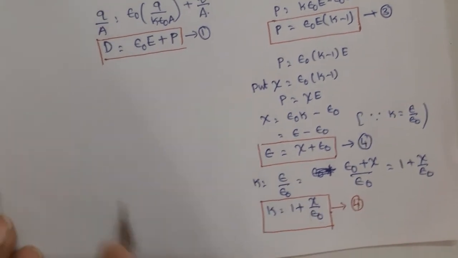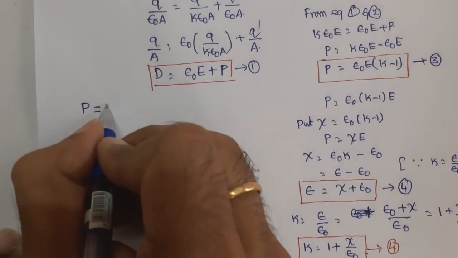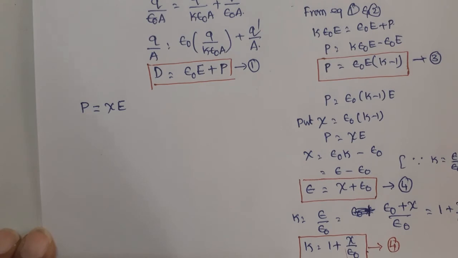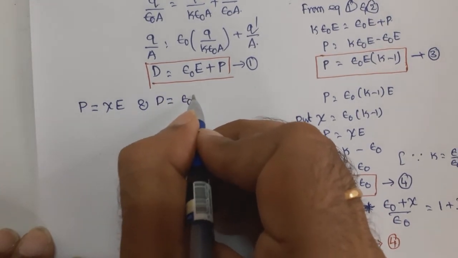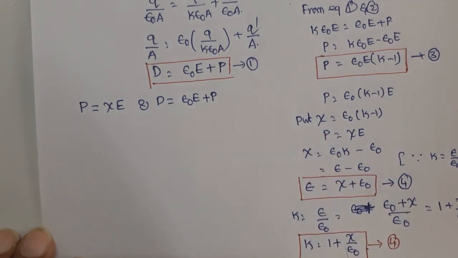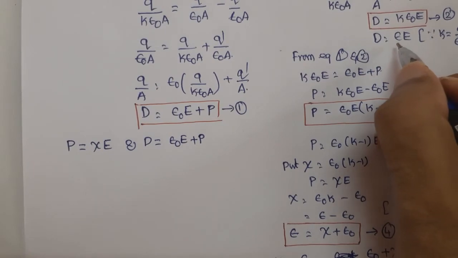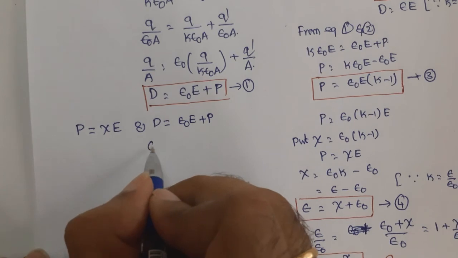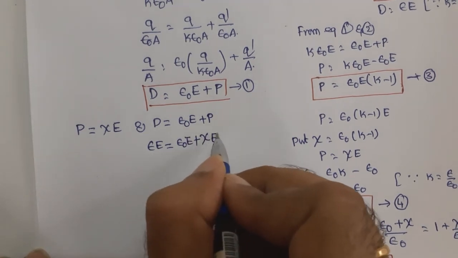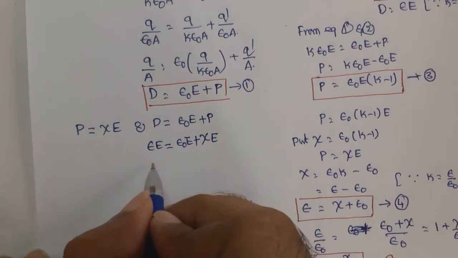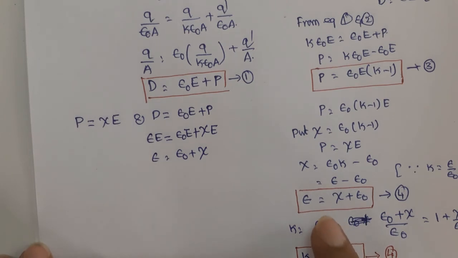Another relation: we know P is equal to xi E. And another relation that we are going to use is D is equal to epsilon naught E plus P. In this we can write that D is equal to epsilon E. Therefore epsilon E is equal to epsilon naught E plus xi E. Now from this you can write that epsilon is equal to epsilon naught plus xi.